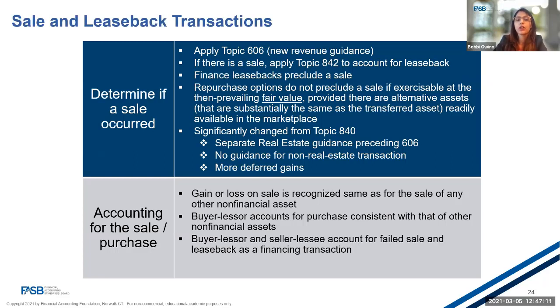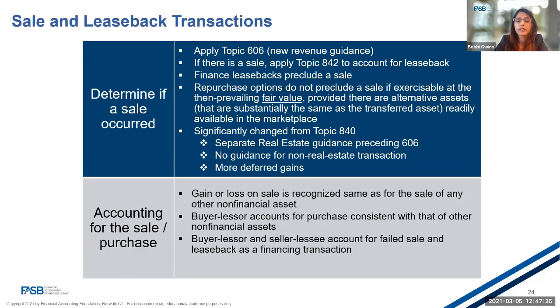842 refers to topic 606 to determine whether the control of an asset has transferred. 606 provides that an asset is transferred when the customer obtains control of that asset, and control refers to the ability of the customer to direct the use of the asset and obtain substantially all of the remaining benefits from the asset.